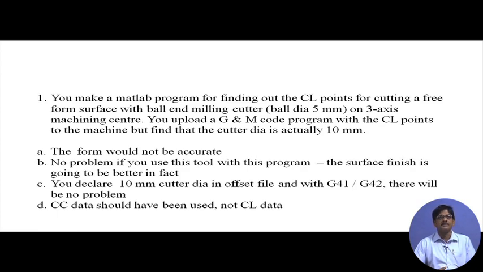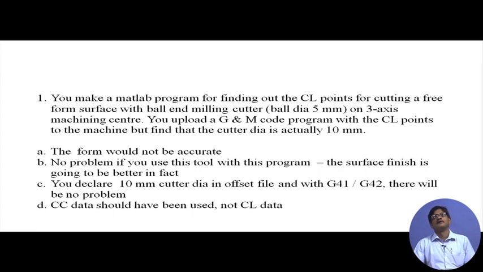So, as a consequence, the options are: the form would not be accurate; second, no problem if you use this tool with this program, the surface finish is going to be better in fact; third, you declare 10 millimeter cutter diameter in offset file with G1, G41 and G42. That means you are taking the help of cutter radius compensation or cutter diameter compensation, and there you declare that the diameter is 10 millimeters and there will be no problem. And the fourth option is CC data should have been used, not CL data.